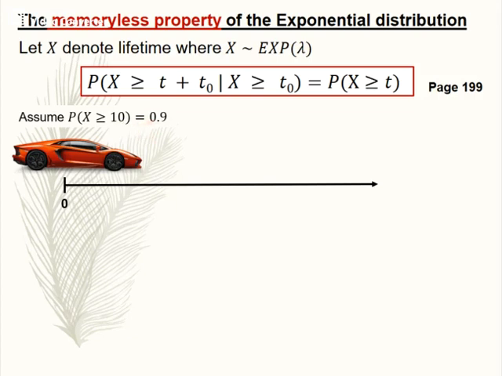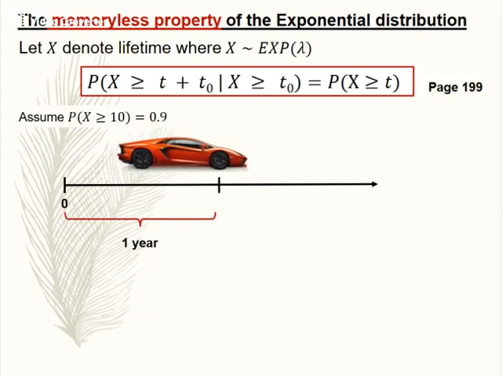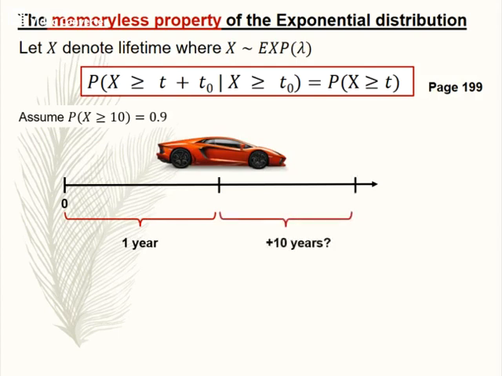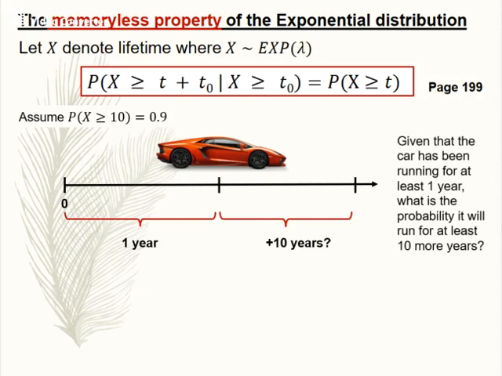So let's say I drive this car and you know that it's still running after a year. The car is still functioning fine. The question I want to ask you is, what is the probability that this car will survive another 10 years? In other words, given that the car has been running for at least 1 year, what is the probability it will run for at least 10 more years?